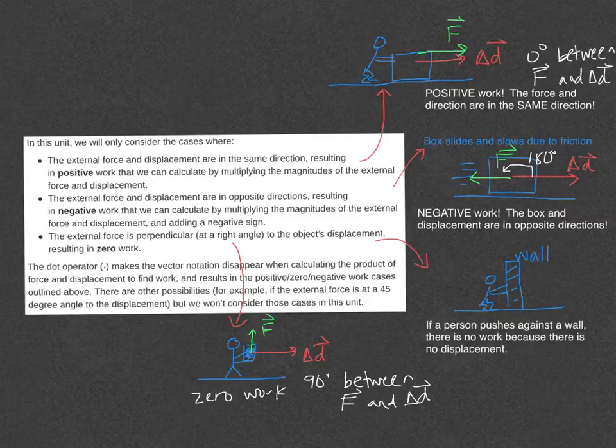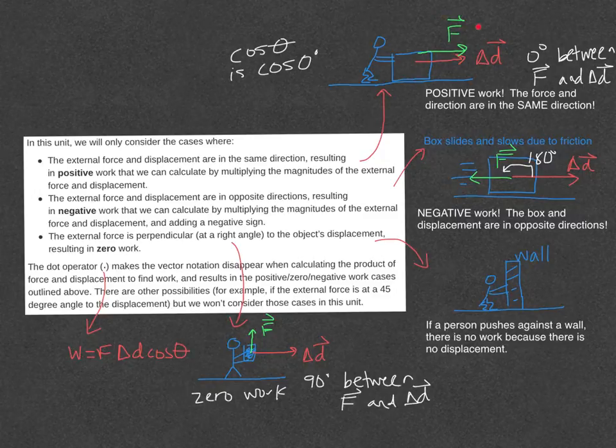And this actually comes from that dot operator that we were talking about. What that dot operator does is take the force times the displacement to get work, and multiply by the cos of the angle between the force and the displacement. So if you have positive work, cos theta is cos of 0 degrees, because positive work means that the force and displacement are in the same direction.